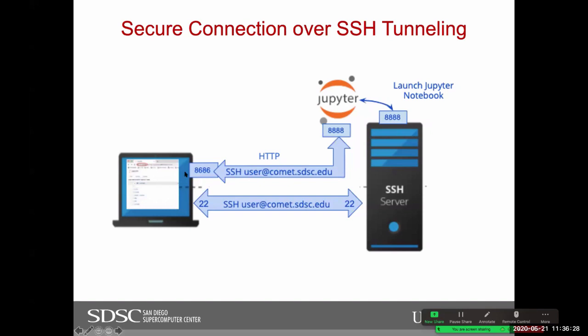Then you make a connection from your local laptop through SSH, and you can pick any port number you want except 22. Pick one that's not in use and make a connection to port 8888. Now this is a secure encrypted SSH connection back to your Jupyter Notebook or Jupyter Lab server. And that's really all you have to do.